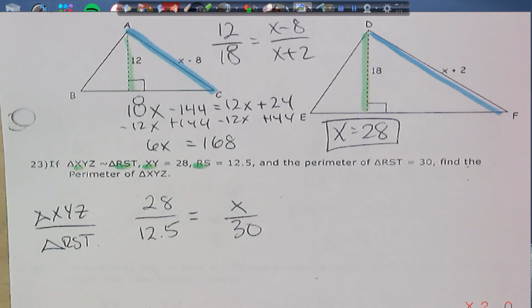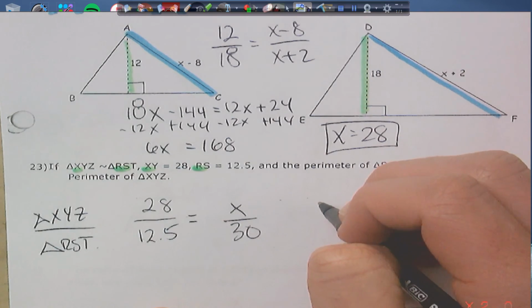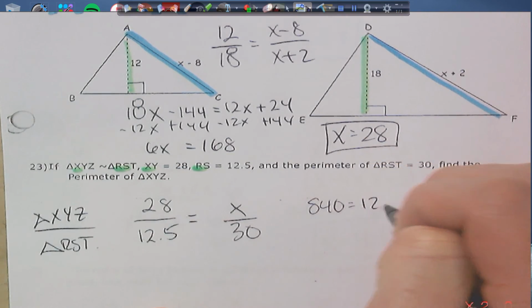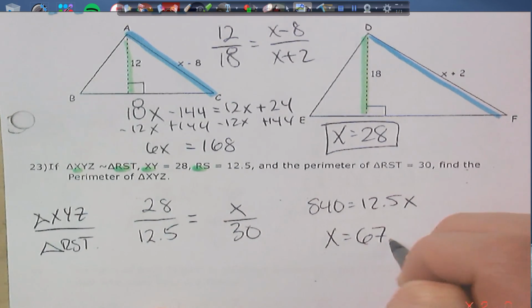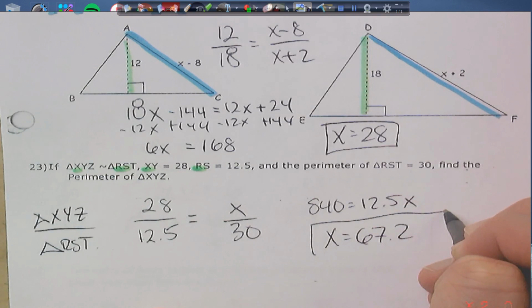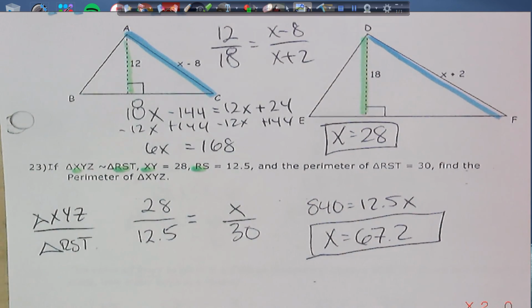We're just going to cross multiply real quick and we'll be done. 30 times 28, 840 equals 12.5x, divided by 12.5, and x equals 67.2. And it doesn't say inches or anything like that, so we can just leave it as is.